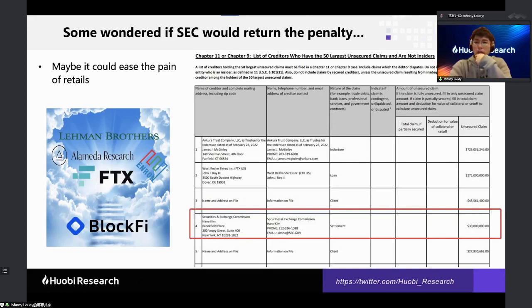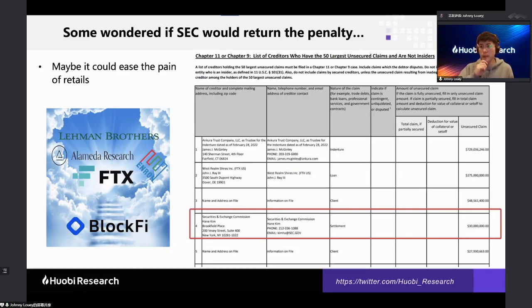What I mean is that they did business in cryptocurrency in one of the states in America, I forgot which state, but the SEC sued BlockFi for selling unauthorized securities, because at that time crypto was not regulated, and selling crypto to retail investors is not allowed in some states in the US.